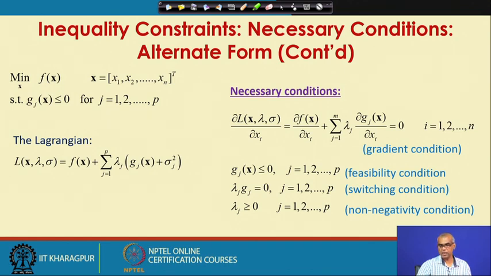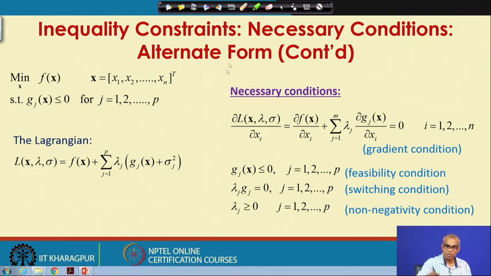So, lambda j g j equal to 0 for j equal to 1 to p, this is known as the switching condition. It represents either lambda j equal to 0 or g j equal to 0. g j equal to 0 for active constraints, g j is not equal to 0 for inactive constraints, and lambda j is greater or equal to 0, which represents the non-negativity condition.